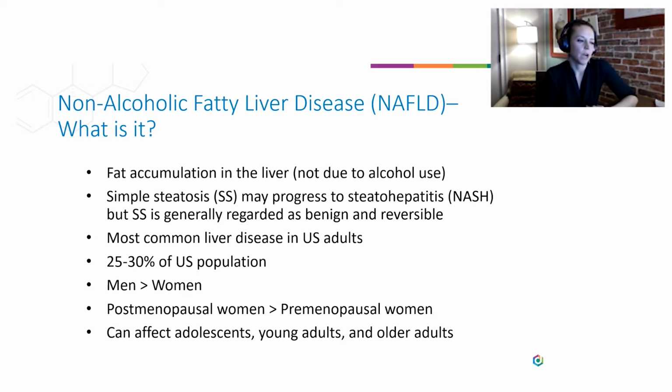A lot of times people will come to our practice already diagnosed with non-alcoholic fatty liver. Most of those guys are in the simple steatosis phase, or I'll refer to it as the SS phase, which may progress into NASH, or the non-alcoholic steatohepatitis phase, where we have a lot of inflammation and fibrosis.